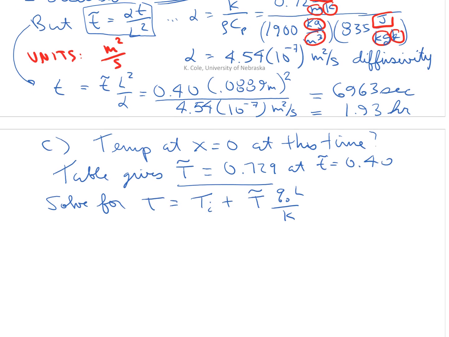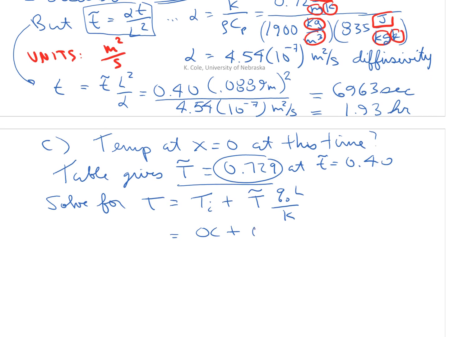And now we can put some numbers in for that. Our initial temperature is 0 C. T tilde is 0.729. That's the dimensionless temperature at this condition. And this grouping here we found earlier was 84.1 Kelvins. And when I multiply that, I get 61.3 C.